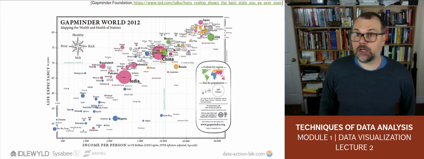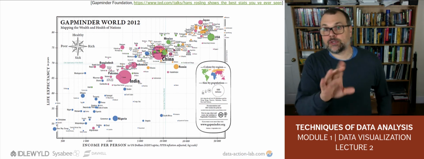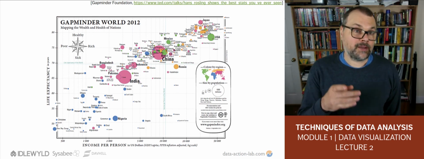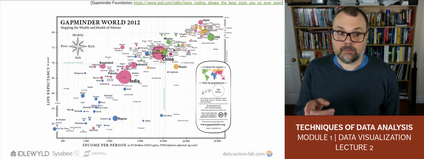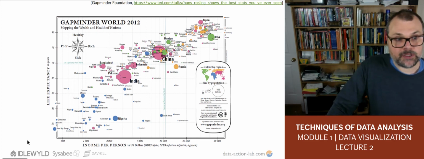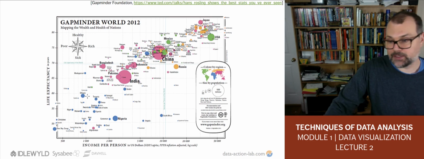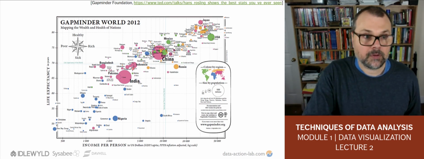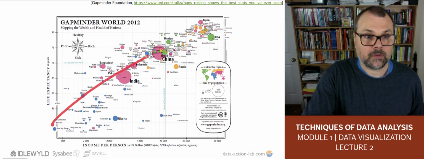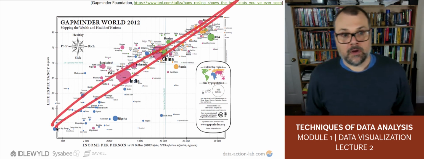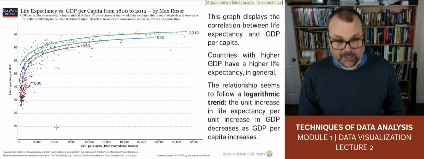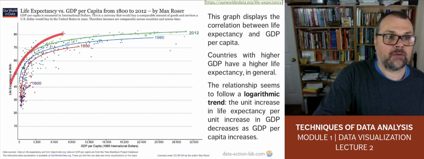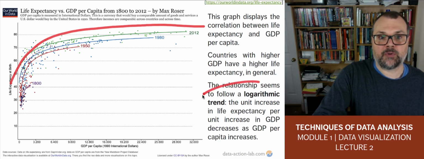Here's a chart using the same data, although it only uses the 2012 data. It doesn't look the same, right? I mean, we have what looks, roughly speaking, to be a straight line across here. Whereas we didn't have a straight line at all. What we had in 2012 here, the green, was something which is said to be logarithmic.